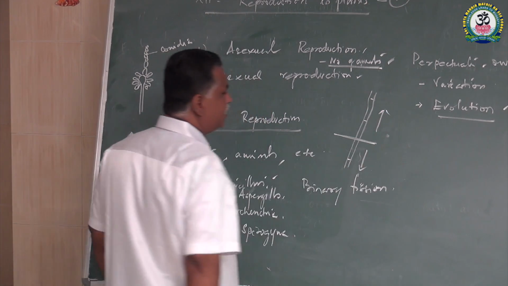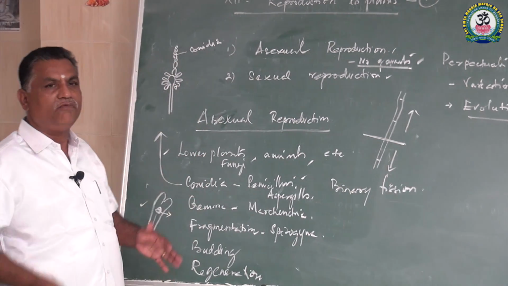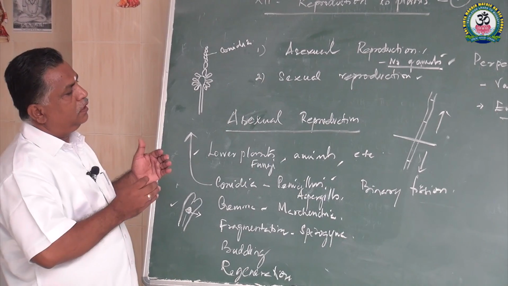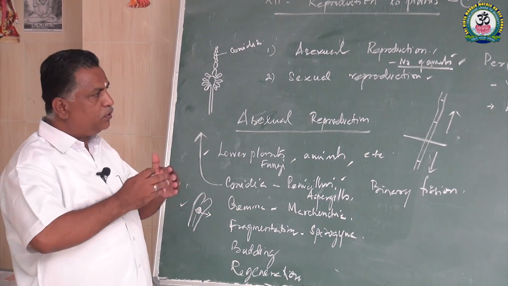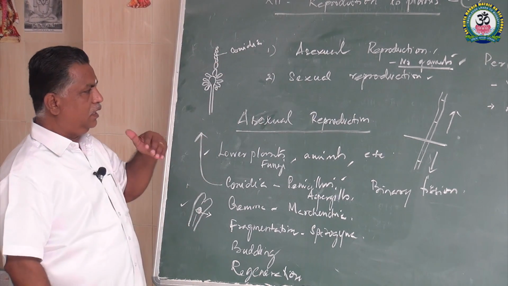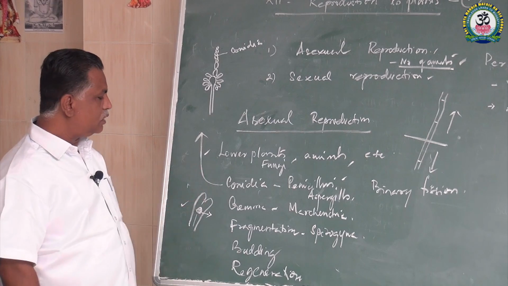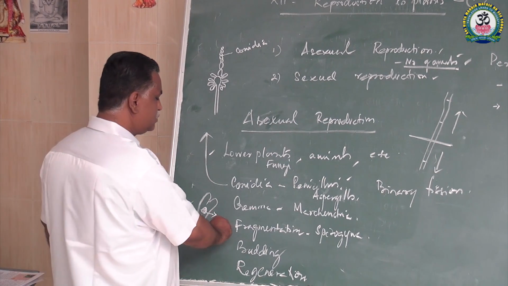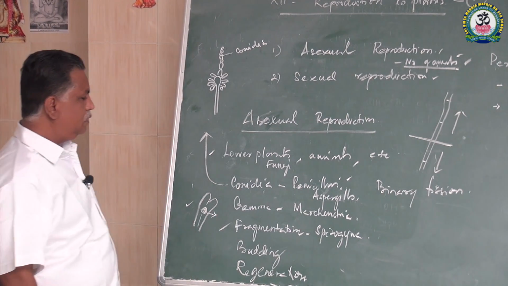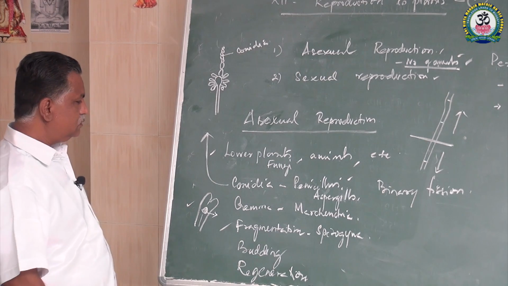One filament becomes two filaments or three, like that. The cells in every filament divide and produce a full filament, so that from one filament many filaments are produced. This is a kind of asexual reproduction in Spirogyra.